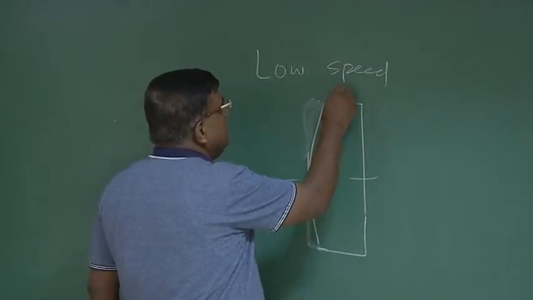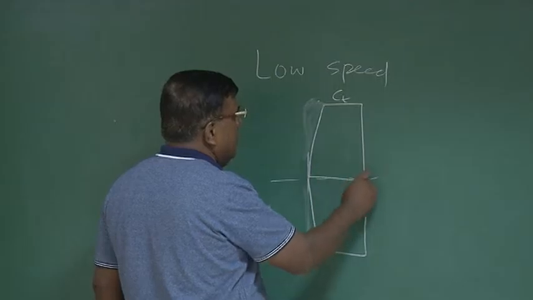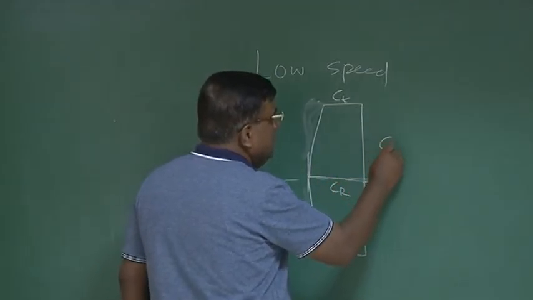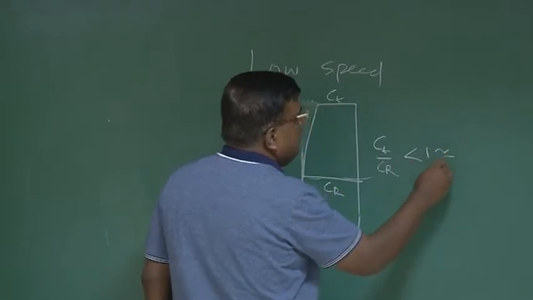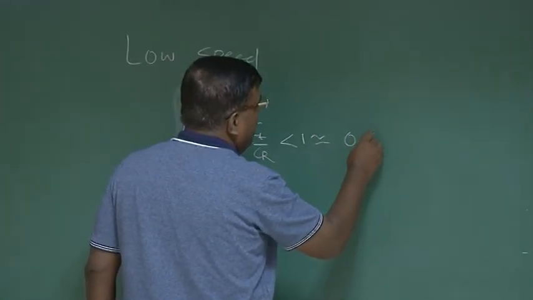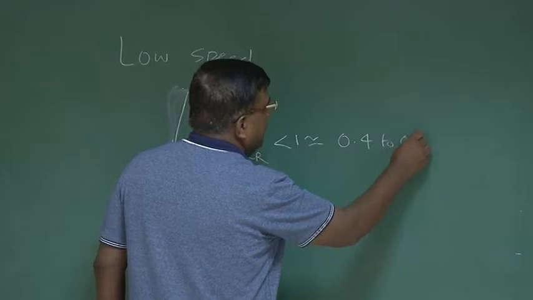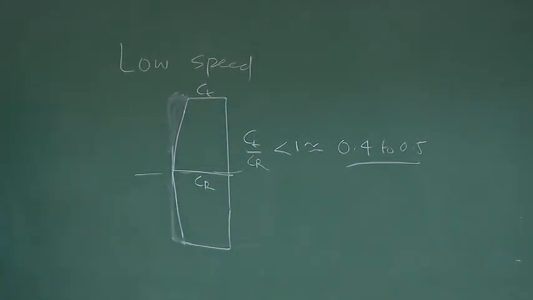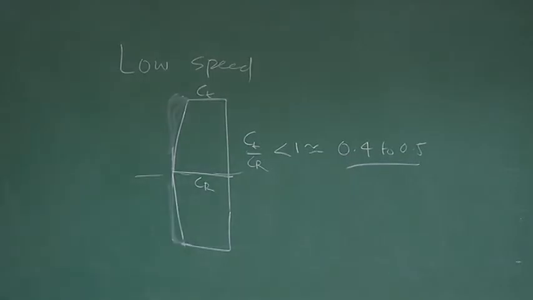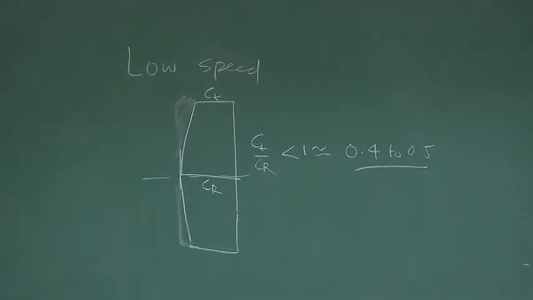Tapering means if this is the tip chord and this is the root chord, the Ct by Cr is less than 1, and typically this value you will find around 0.4 to 0.5. For low speed the airplane is given that much taper ratio, and that helps in bringing the wing platform closer to an elliptic wing type. Not exactly, but yes, it helps.